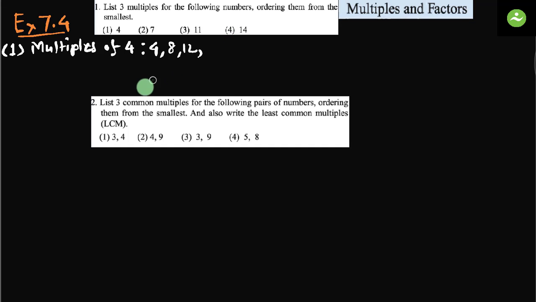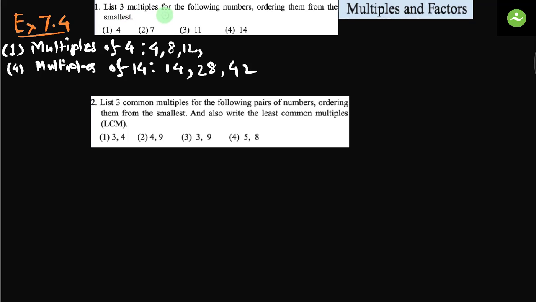Number 4 is 14. So, multiples of 14. 14 into 1 is 14, 14 into 2 is 28, 14 into 3 is 42. So it is done.